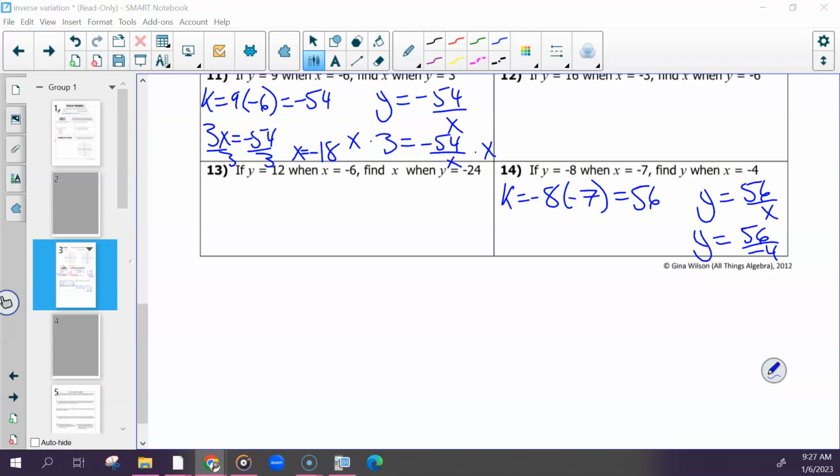Negative 14. And then negative 14 times negative 4 is positive 56, so that works.